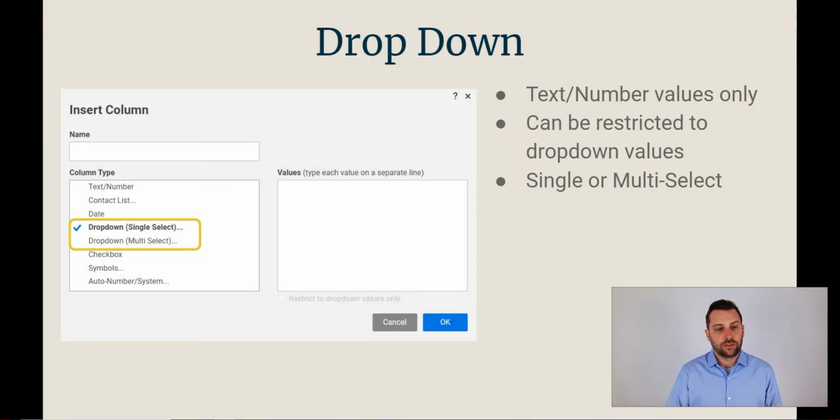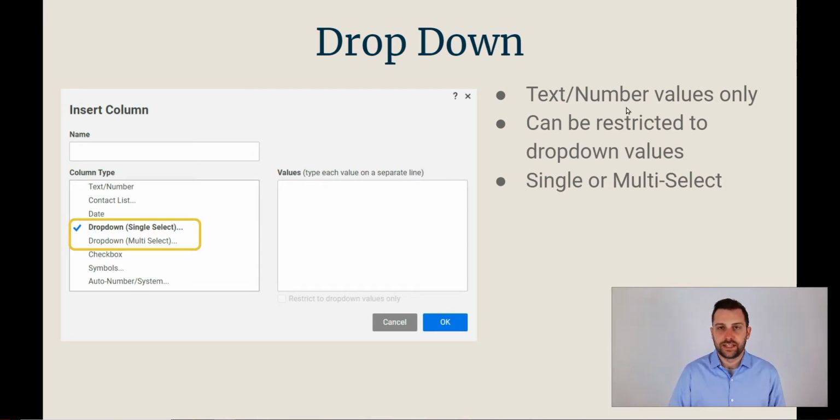Next up is drop downs. You have single and multiple select. I most commonly use these for statuses. You want to say at risk or healthy, or if you want to say in progress, not started, complete, something like that. You list your values here, and you can either have single or multiple select. They can only be text or number values, although you can, if you wanted to, put a date in there.